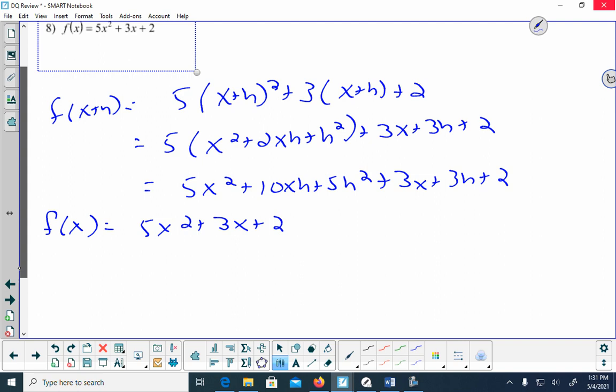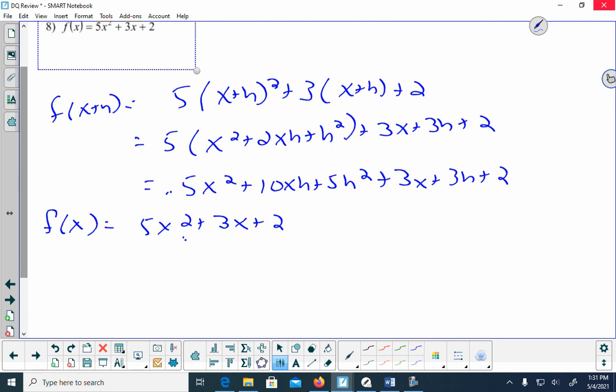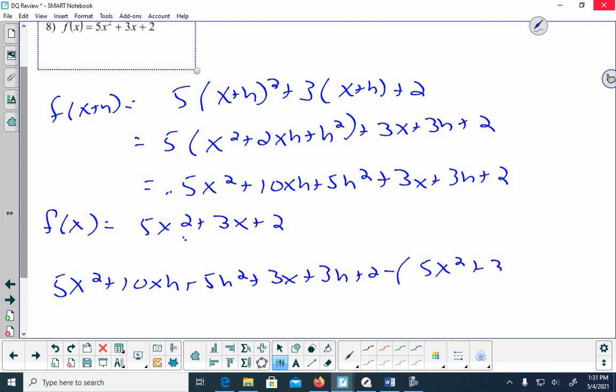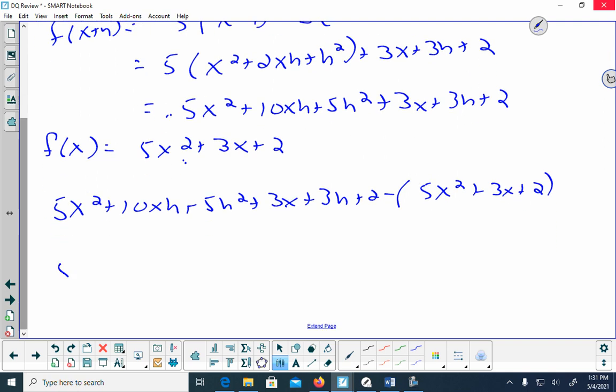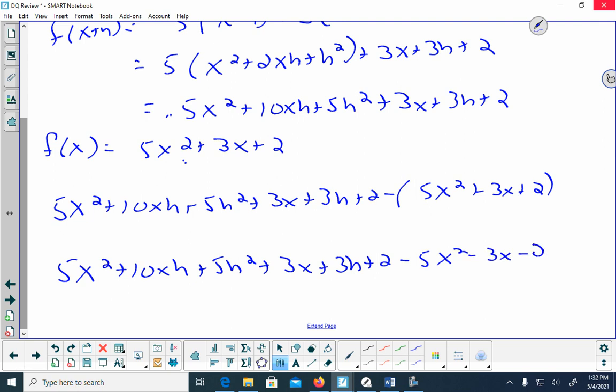Now taking the f of x plus h and subtracting this, putting it in parentheses so I do not forget to distribute my negative sign. And this is all over h.